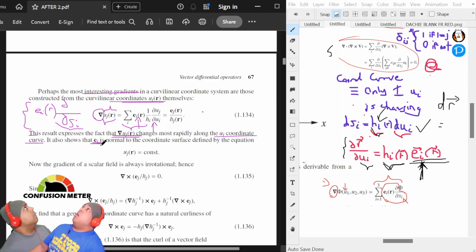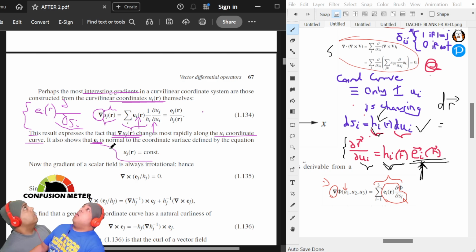It also shows that EJ, the unit vector in the J direction, is normal to the coordinate surface, defined by the equation UJR equal constant.